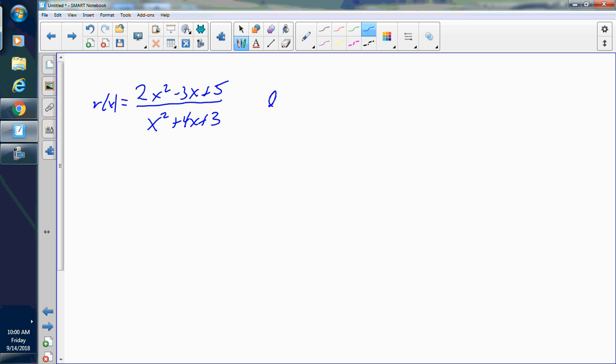If we take the limit of this, I'm going to divide everything by x squared, so it's going to be 2 minus 3 over x plus 5 over x squared, over 1 plus 4 over x plus 3 over x squared.